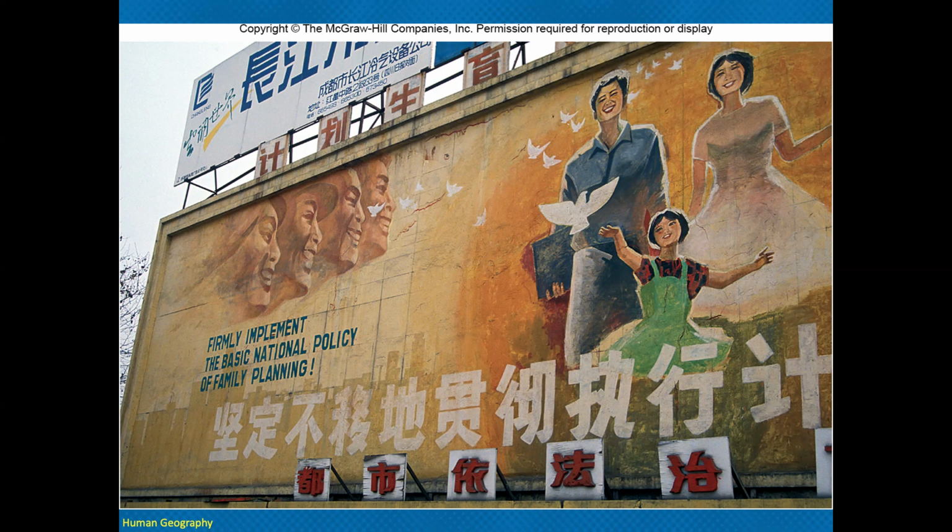So this has been rapidly changing there. And as a result, China has an unfortunate population shape that is rather unstable. And we'll get to look at that coming up a few slides down the road.